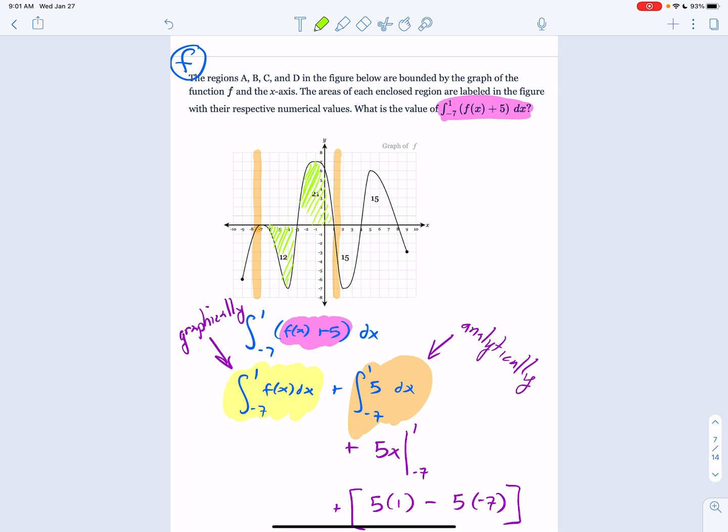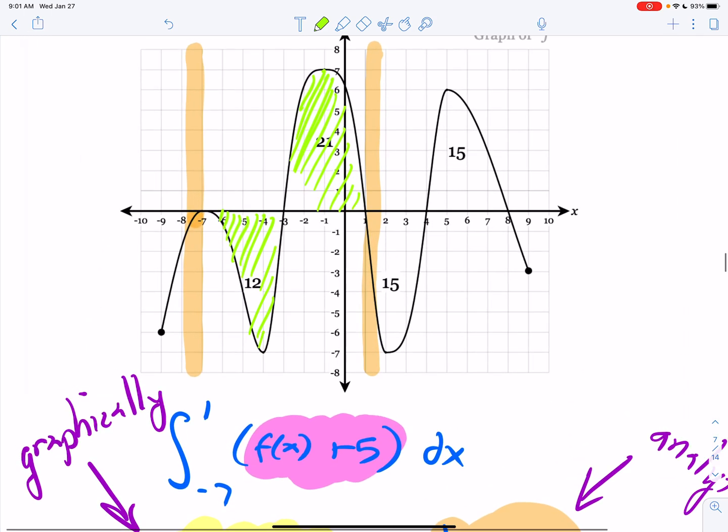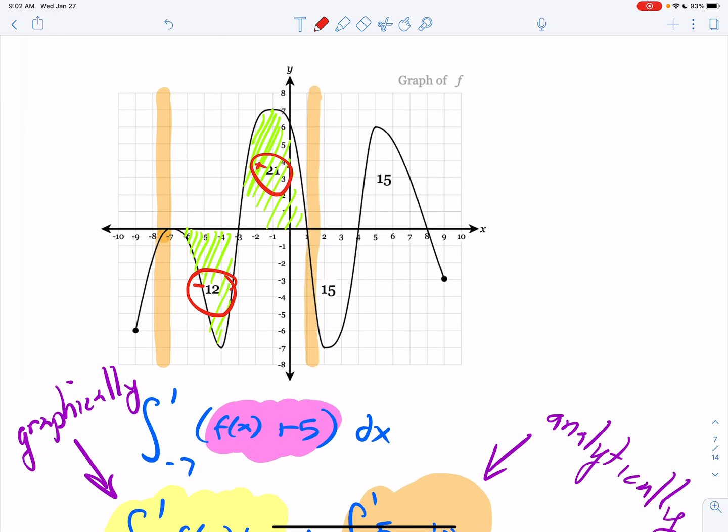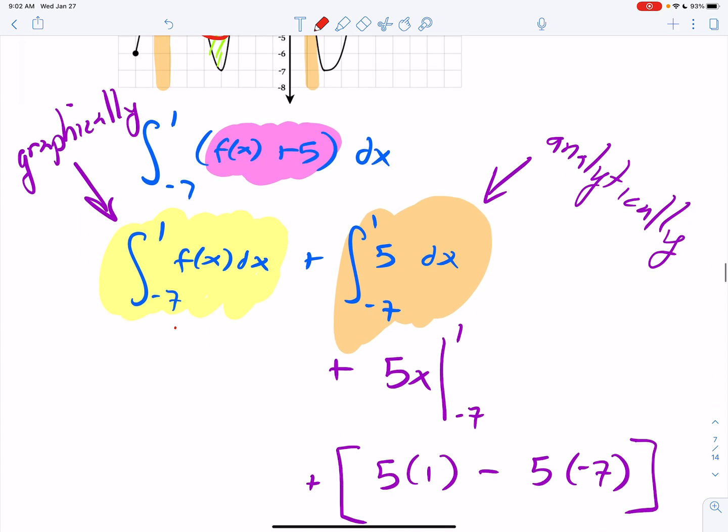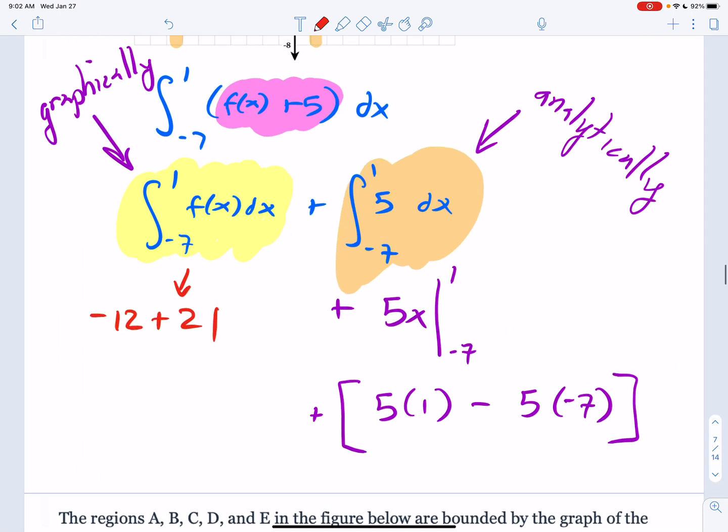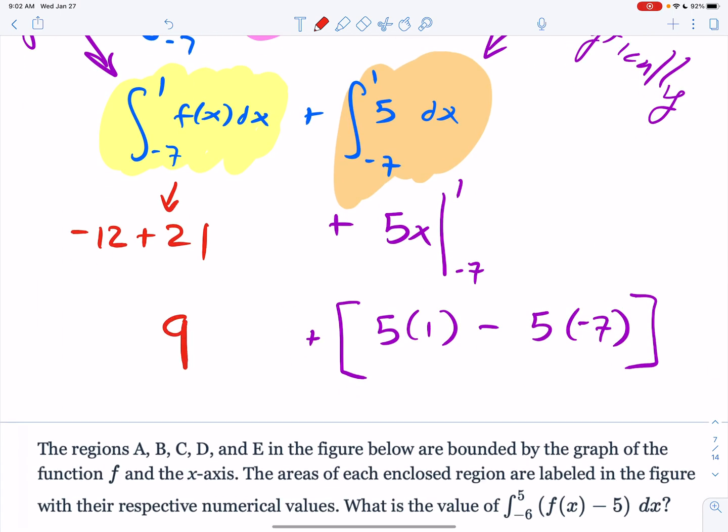But notice how there's area below the x-axis, so that 12 down here is really a -12, and that 21 up here is really a +21 because it's above the x-axis. So this is really just -12 plus 21. That comes out to +9, and you guys can keep going here. That's just computations.